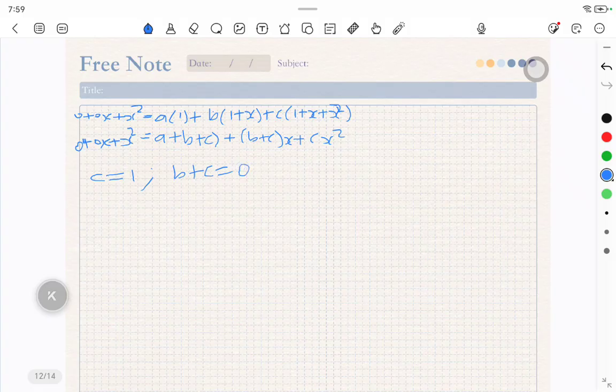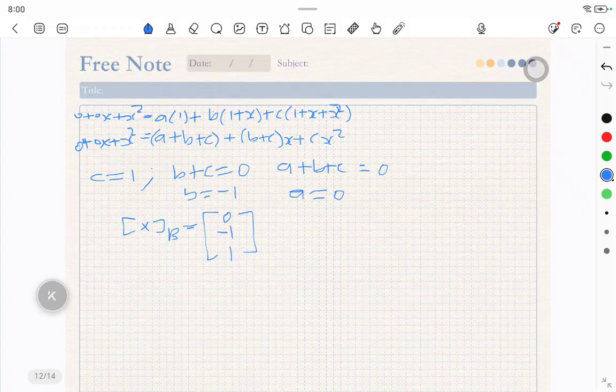Since c is 1, b would be minus 1, right? And then the last one is a plus b plus c is equal to 0. Since c is 1 and b is minus 1, a is just going to be 0, because b and c will cancel out. So it means that x relative to B is going to be 0, minus 1, 1, as they said.